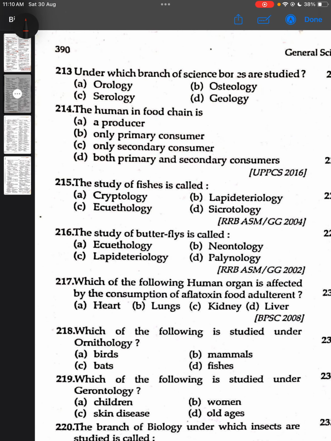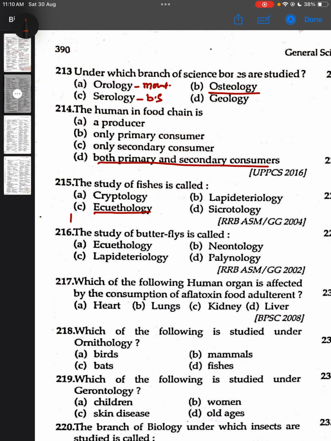Question 213. Under which branch of science bones are studied? Osteology. And orology is the study of mountains. And serology is the study of blood serum. The human in food chain is both primary and secondary consumer. The study of fishes is called ichthyology.